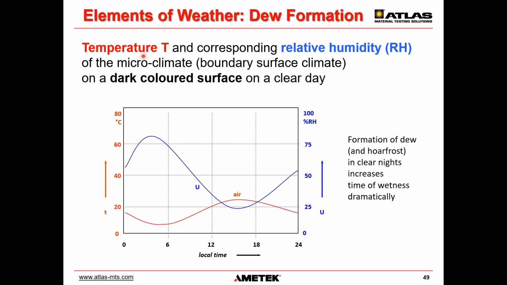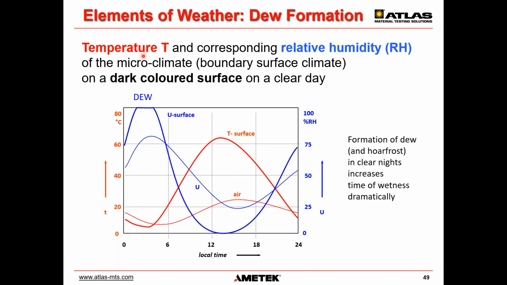At nighttime, the relative humidity is high because the air is cool. However, if you look now at surface temperatures, they heat up mostly during daytime, but they cool down below the air temperature at nighttime. And at the boundary climate between the air and the surface temperatures, you get into oversaturation much easier. And that's the time of the day you get dew formation.